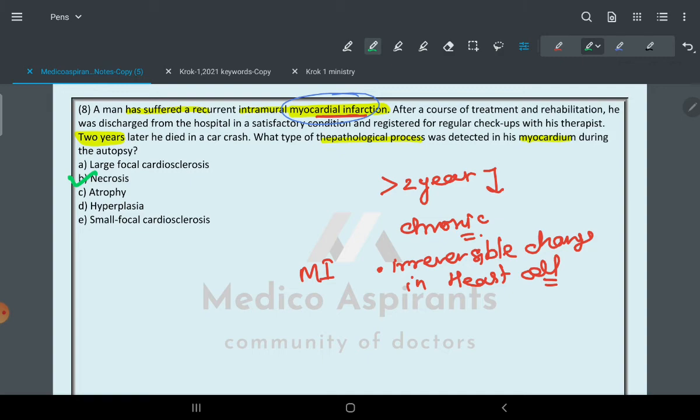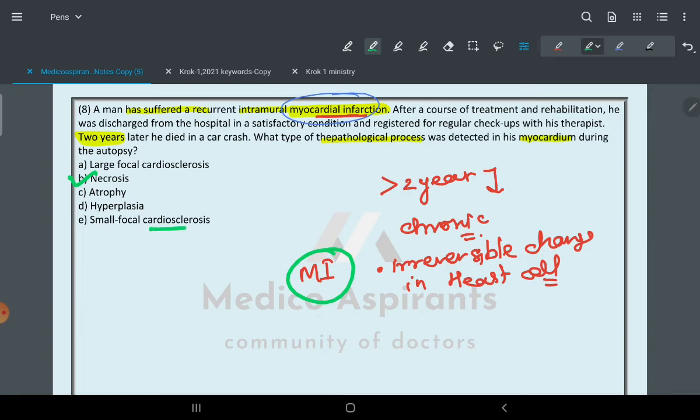Now why not the others? If you have some idea from the first section of the class, myocardial infarction, post infarction, may result in cardiosclerosis. What happens in cardiosclerosis?